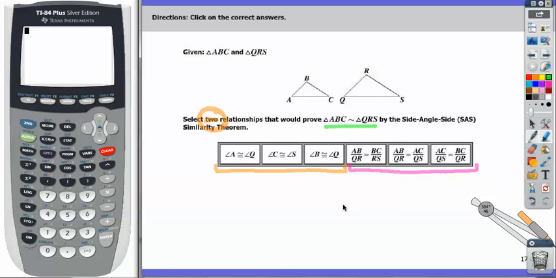So when I look at my GPS, I have A, B, C, and Q, R, S. So I'm going to check through my angles first. A and Q are both in the number 1 spot, so they match. So that's a pretty good one so far. C and S also match. They're in the number 3 spot. B is in the number 2, but Q is in the number 1, which means there's no way that can work.